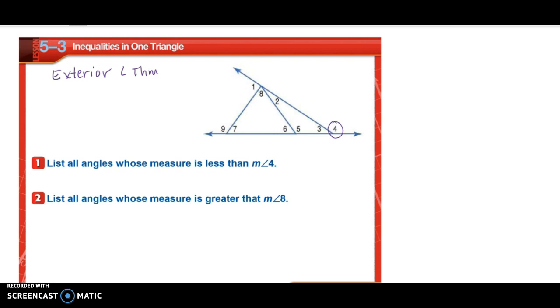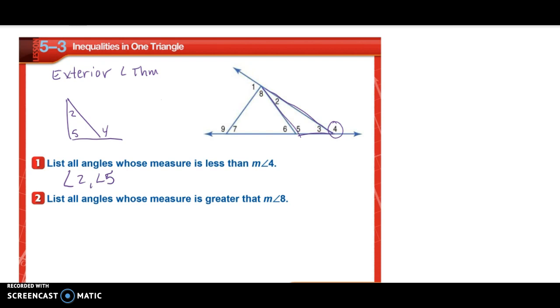It's on the outside, so that's an exterior angle. If you look at the little triangle right here, angles 2 and 5 are remote to it. So angle 2 and angle 5 have to be less than the measure of angle 4.